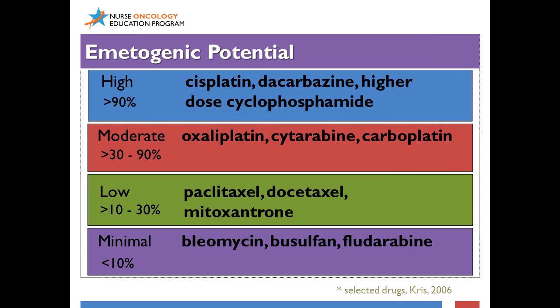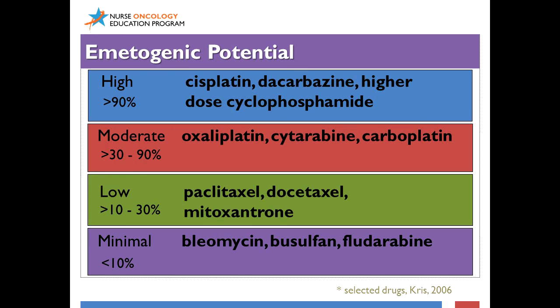This slide just shows you some selected drugs for the emetogenic potential of different chemotherapy agents. Dr. Hesketh and other thought leaders looked at the emetogenicity of different drugs, and we know that cisplatin is our most highly emetogenic chemotherapy. This drug causes the most nausea and vomiting.